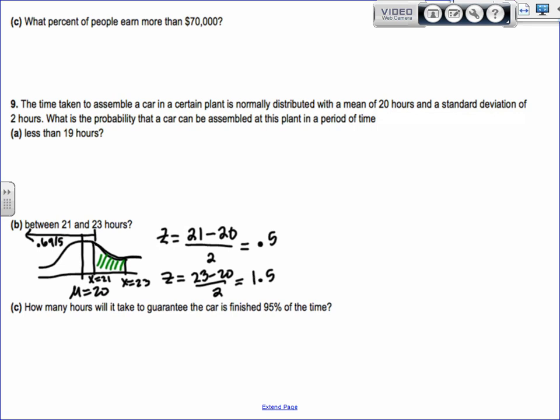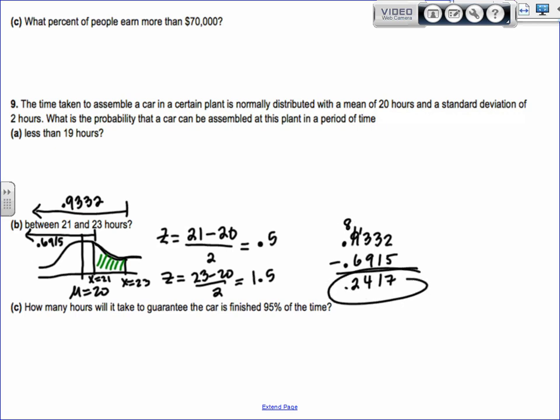When I look up 1.5, I get 0.9332. So what would you do? Yeah, 0.9332 minus the 0.6915. So what do we get here? 0.2417.